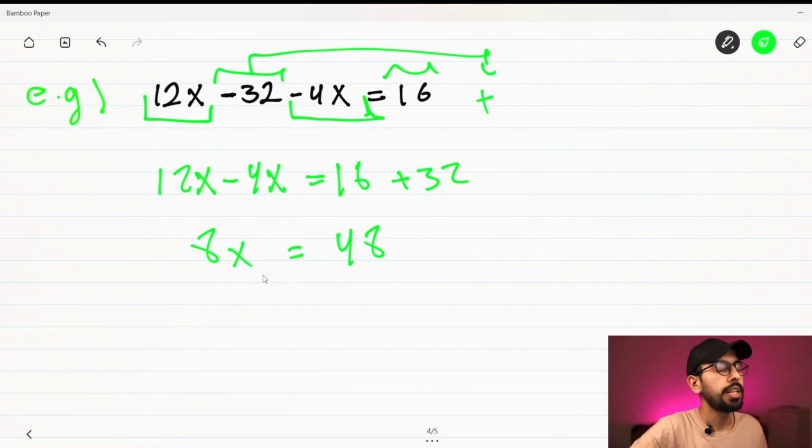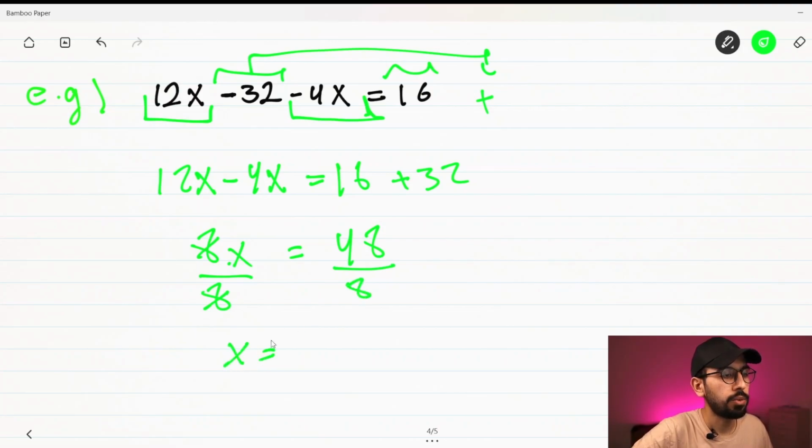Now we need to get rid of this 8 by dividing the two sides of the equation by 8. The result will be x equals 48 over 8 equals 6. Yes, then our result is x equals 6.